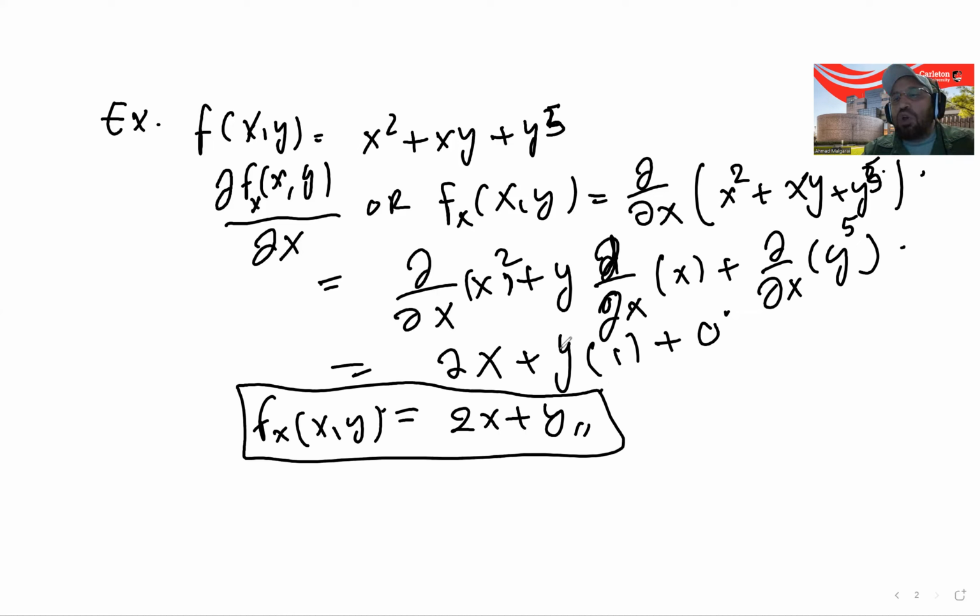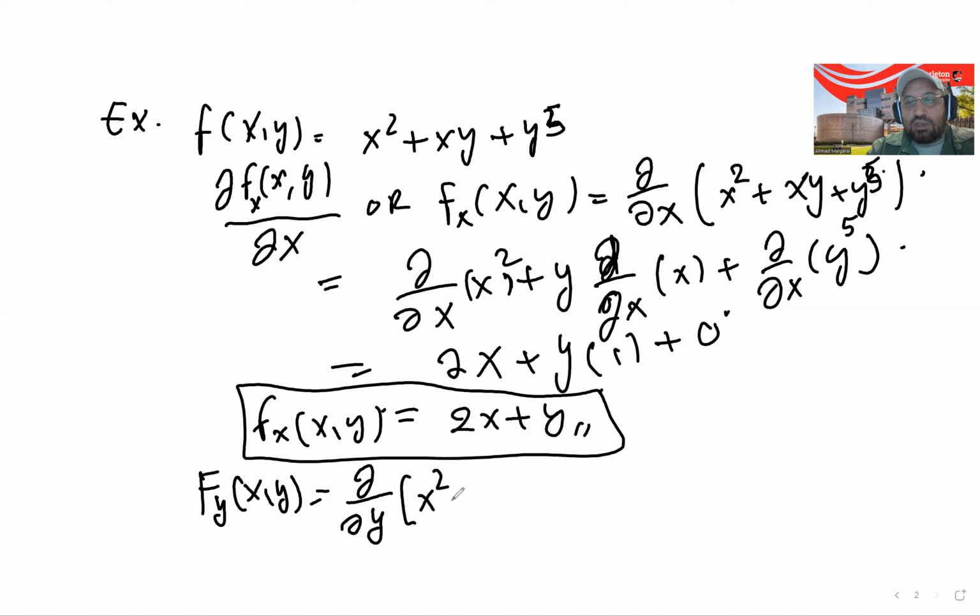Now we hold x constant and take the derivative of this function with respect to y. Same thing: f sub y of x and y is equal to the partial derivative with respect to y of x squared plus xy plus y to the power of 5. Again, you separate these terms.